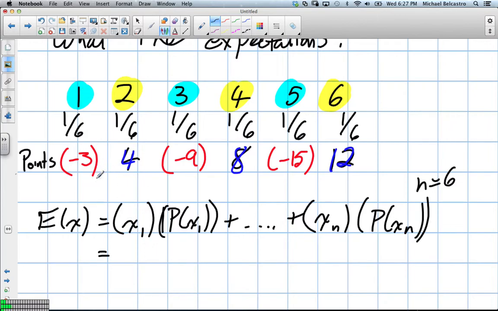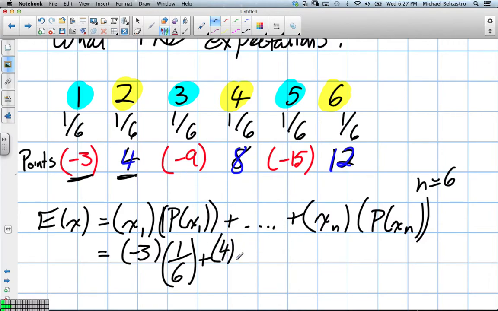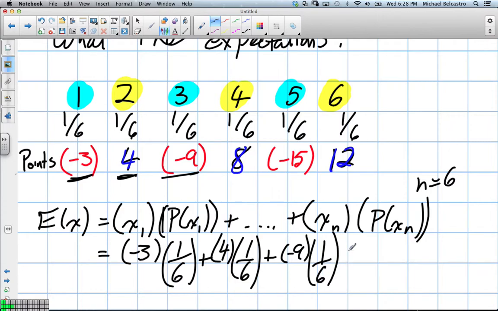In the first case, our number of points gotten would be -3 times what's our probability? 1 over 6. That's right. And our second one? 4. That's right. Multiplied by 1 over 6. Then -9 multiplied by 1 over 6. 8 multiplied by 1 over 6.